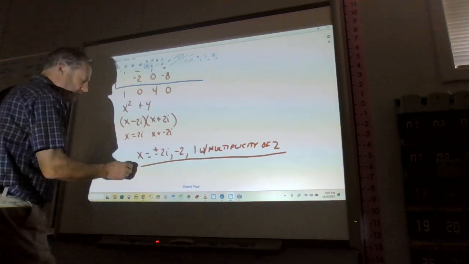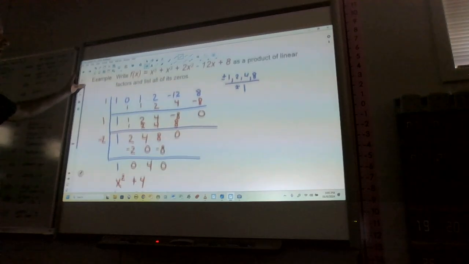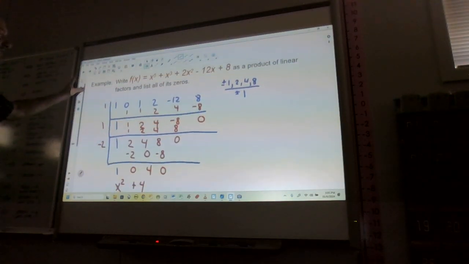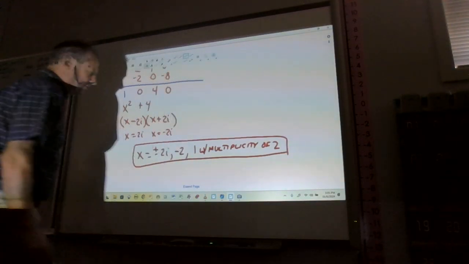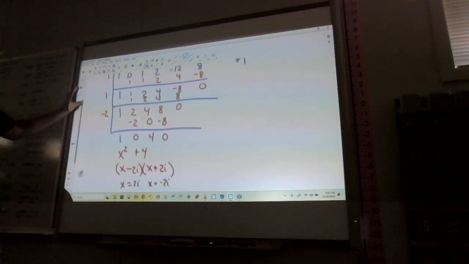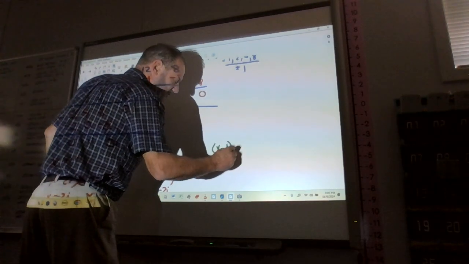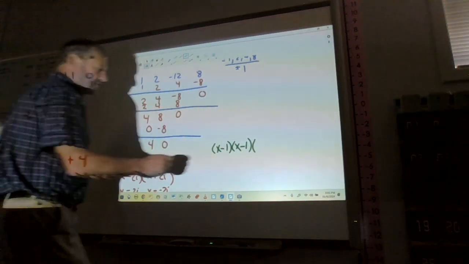There is no more. If I was going to write this as a, oh yeah, I need to still write it as a product of linear factors. I got all the zeros, that's these. If I was going to write it as a product of linear factors, remember it's always the opposite of this, so it would be x minus 1 times x minus 1 times x plus 2.